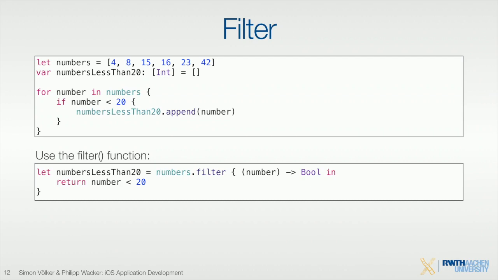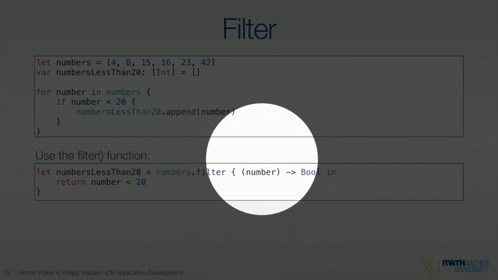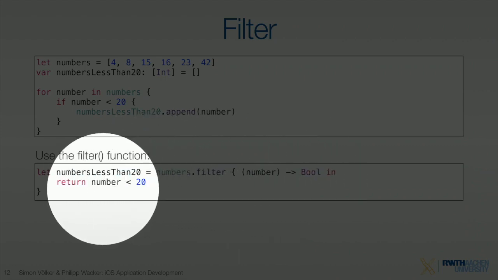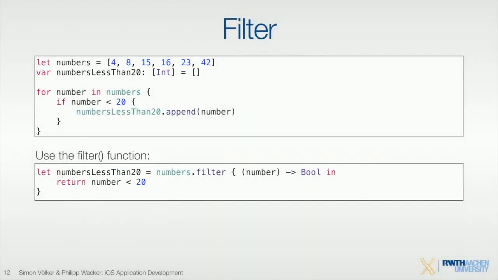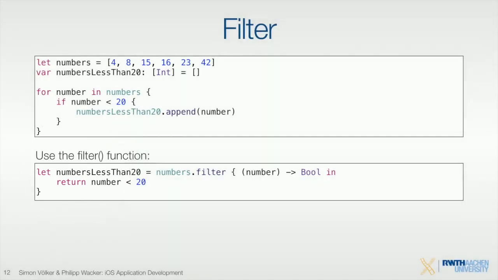And with the filter function, I have a closure that I pass over to the filter method, and it takes the current number and checks whether this is fulfilling the condition that I have for the filter, and if that is true, it will be added to the filtered array that I now assign to my less than 20 array.